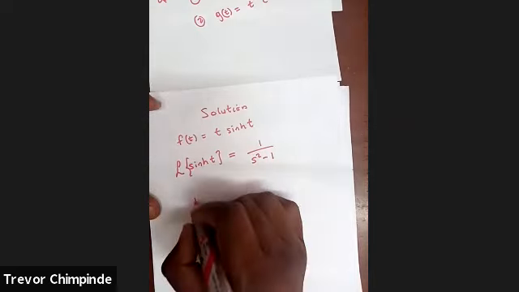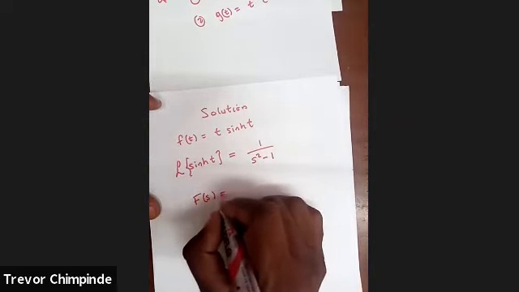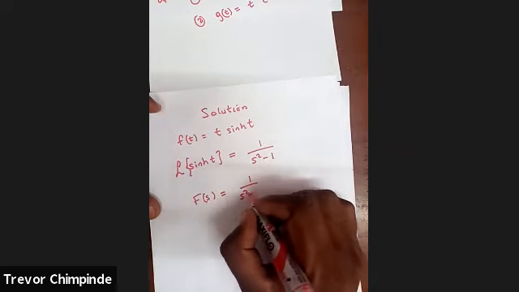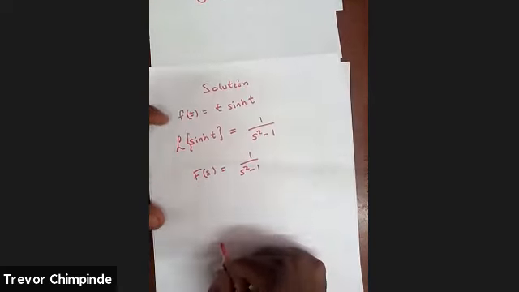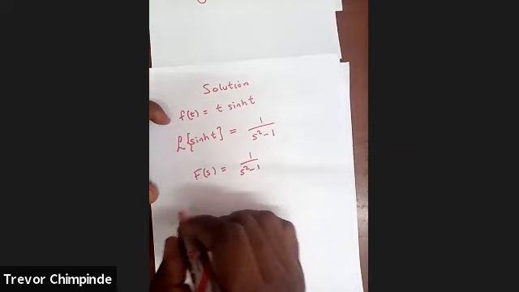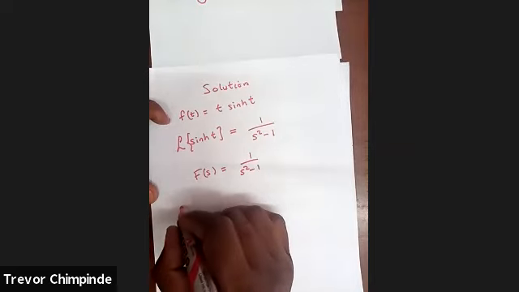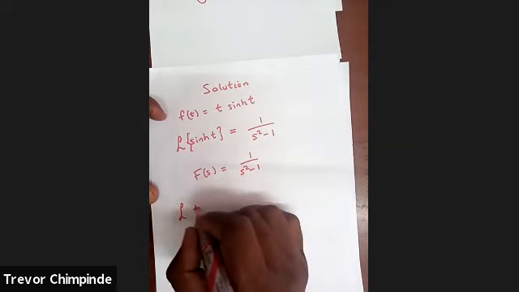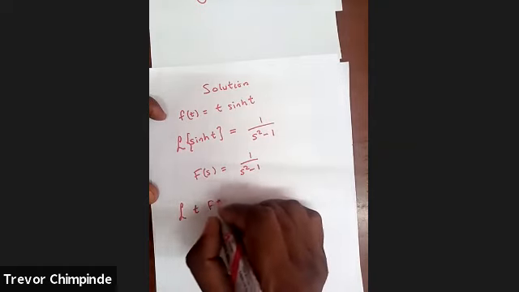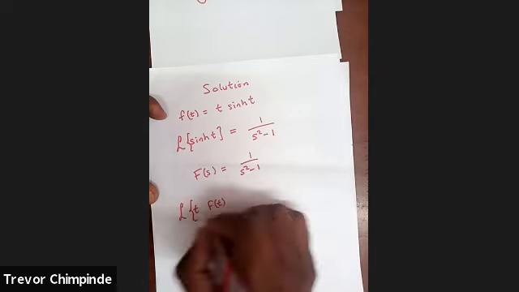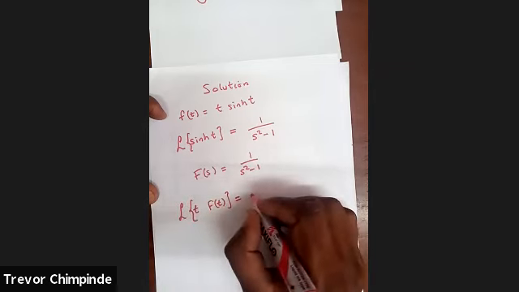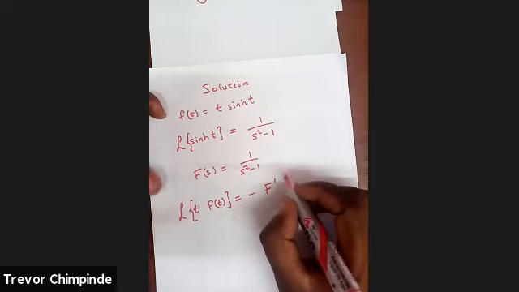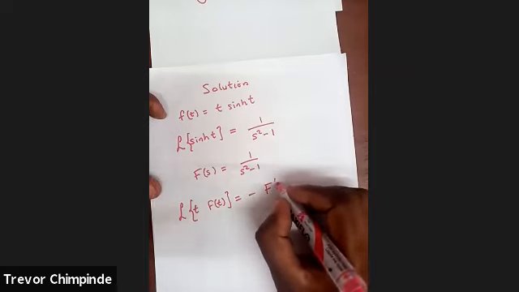And this is your f of s that appears in the theorem. So the theorem says, if I can just restate it here, a short form of the theorem: if n is equal to 1, then it says t f of t is equal to negative f prime of s.